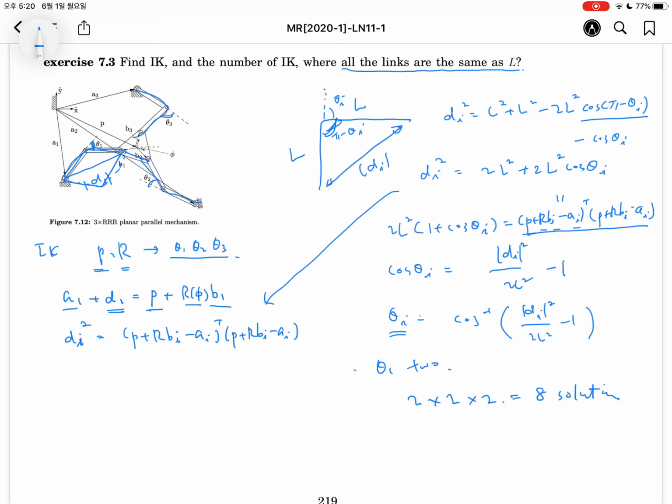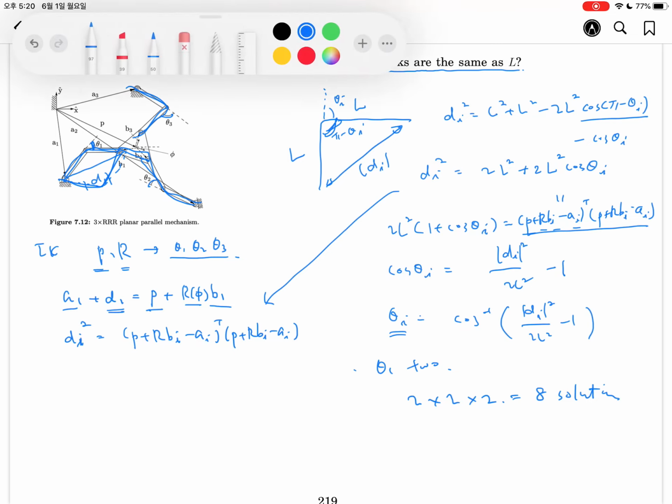This is the first solution, this is the second solution. Like this we can find 8 kinds of leg configurations for the inverse kinematics. Maybe it's not difficult. You can understand easily.